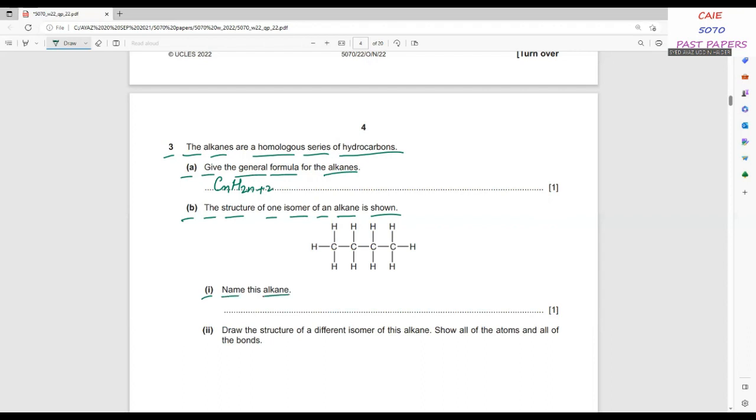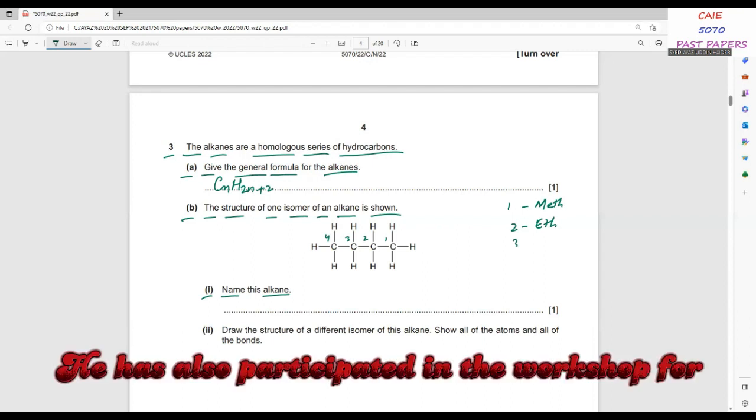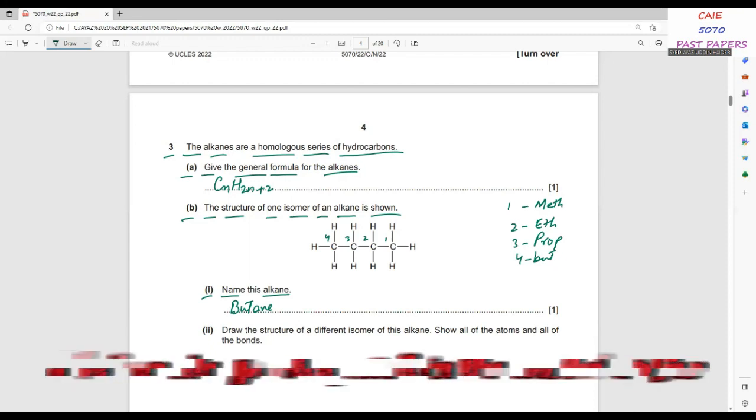Count the number of carbon atoms. 1, 2, 3, 4. If the carbon is 1, we have meth. Carbon is 2, we have eth. 3, prop. And 4 is but. So you have butane here.